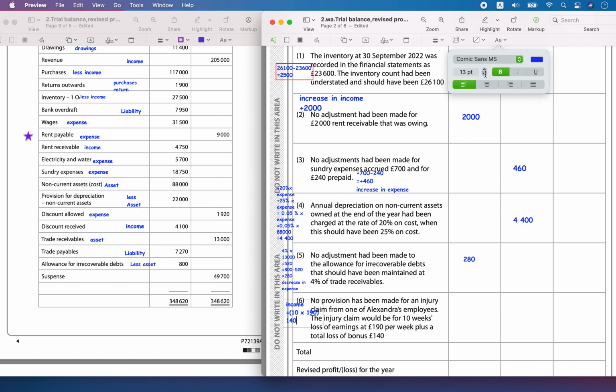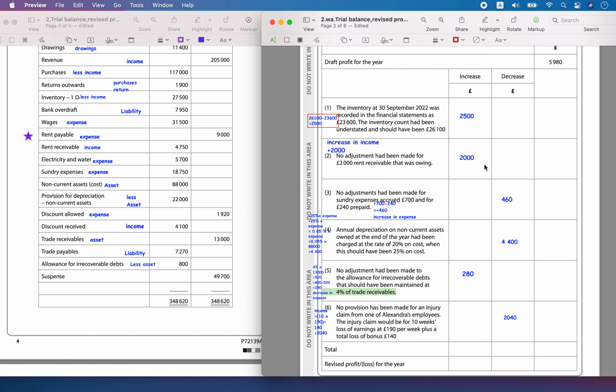If you add those two, 190 times 10 plus 140, that is 1,900 plus 140, which is 2,040. This becomes an income because it has not been claimed, and so this would have caused an increase in profit, 2,040.